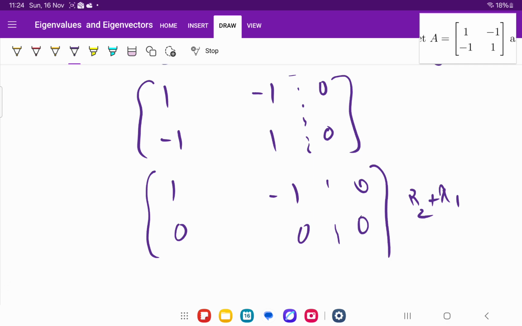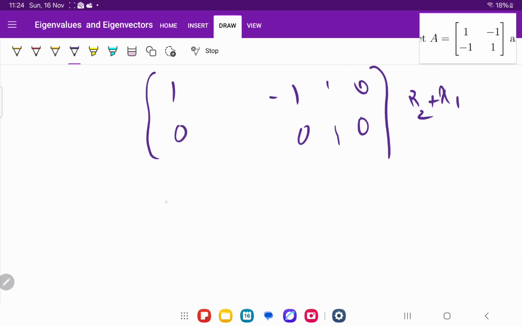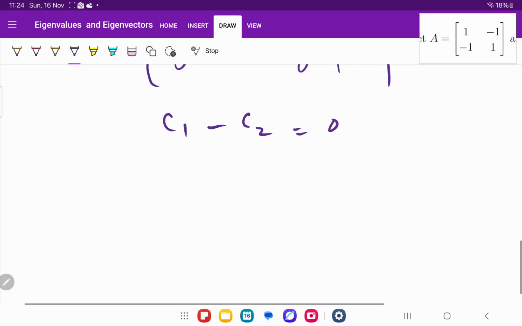If we add the two rows, we get 0. That is what we did in chapter number 1, row operations. So from here this is written as C1 minus C2 equal to 0, isn't it? Yes. And C1 equal to C2.